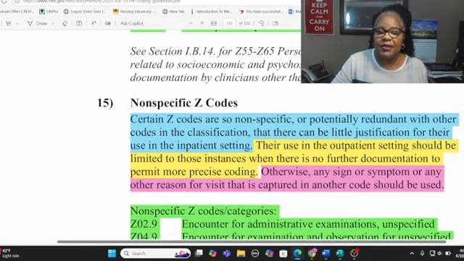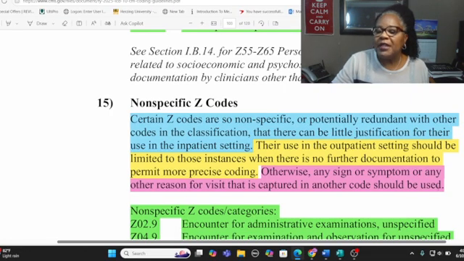Non-specific Z codes. Certain Z codes are so non-specific or potentially redundant with other codes in the classification that there can be little justification for their use in the inpatient setting. Their use in the outpatient setting should be limited to those instances when there is no further documentation to permit more precise coding. Otherwise, any signs or symptoms or any other reason for the visit that is captured in another code should be used.